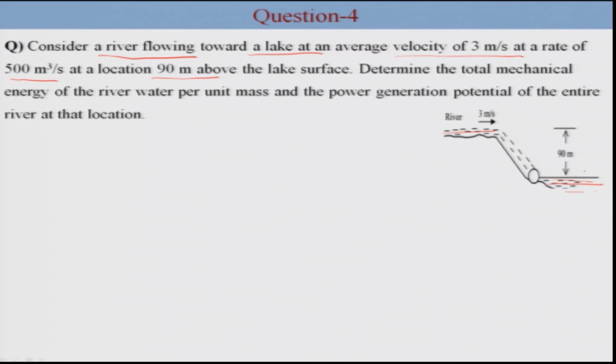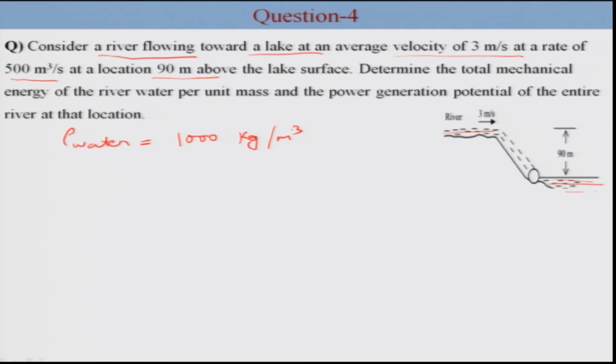So, we have to determine the total mechanical energy of the river water per unit mass and the power generation potential of the entire river at that location. We also assume that the density of water is 1000 kg per meter cube in this question.